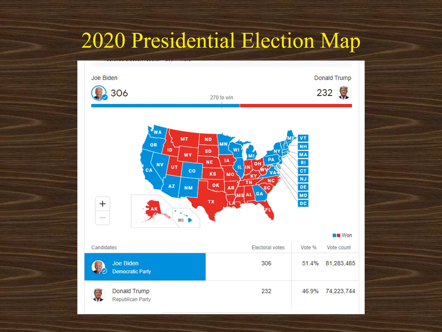As you can see, there are a lot of blue states in the Northeast and on the West Coast and even in the Great Lakes, whereas the middle part of the country has a lot of red. So if people say you're from a blue state, well, Michigan is identified as blue here because Joe Biden won the state of Michigan in the 2020 election.